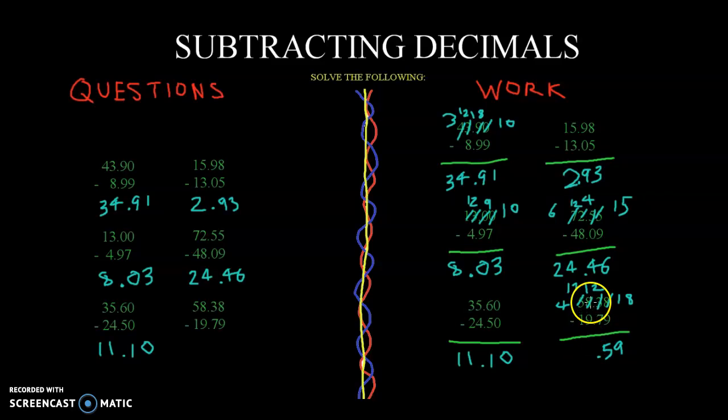We did that. 17 minus 9 is 8. And 4 minus 1 is 3. So our answer is 38.59.